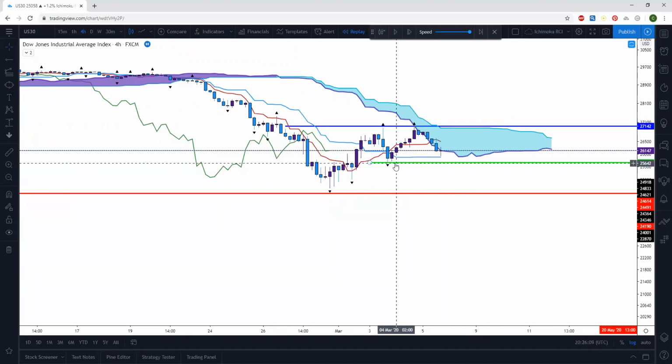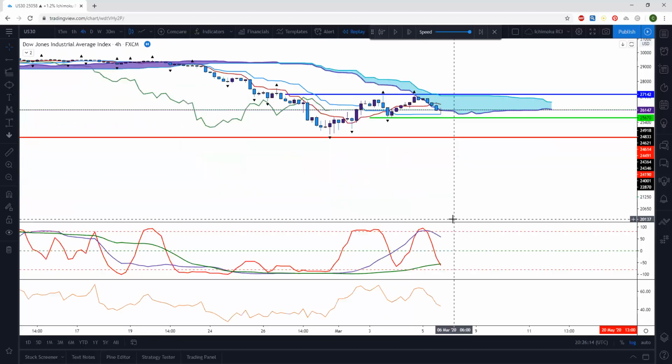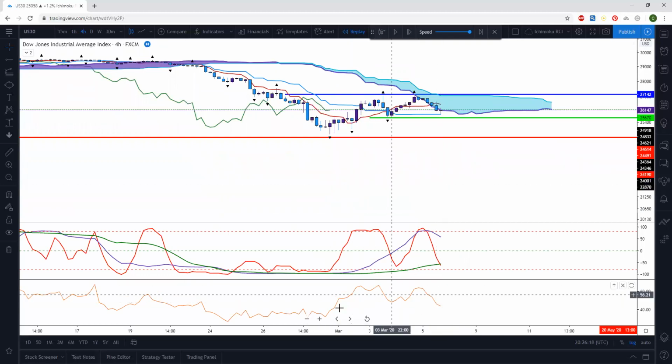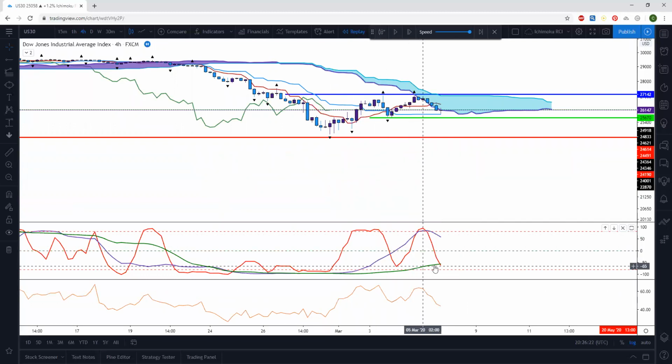Once it breaks this fractal, we need to make sure that it does break this Kijun. When we look at it, we don't have any divergence here. That's out the window. But we do see that this is below the 0 level, and this is starting to come down. That's also a good sign.